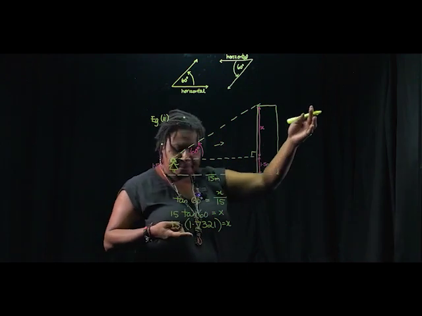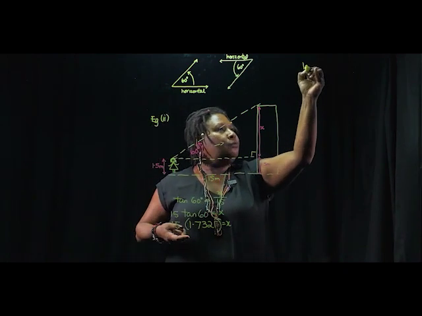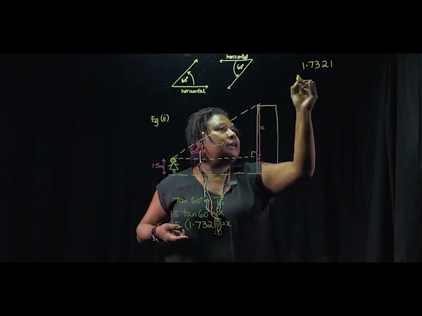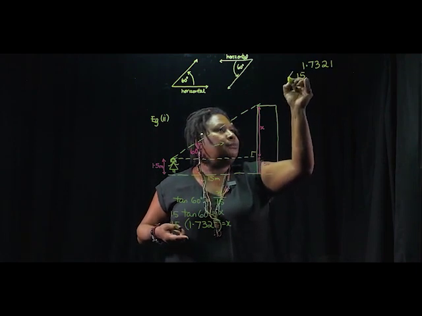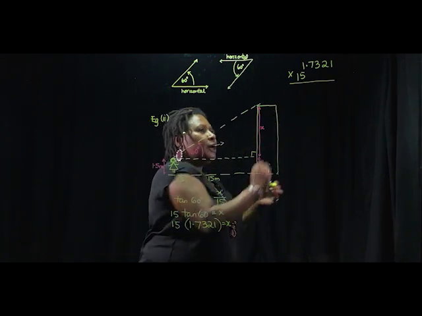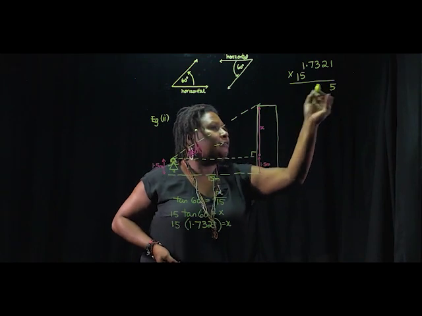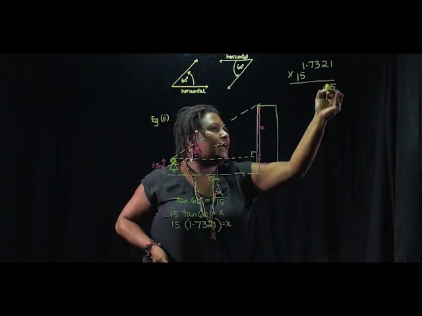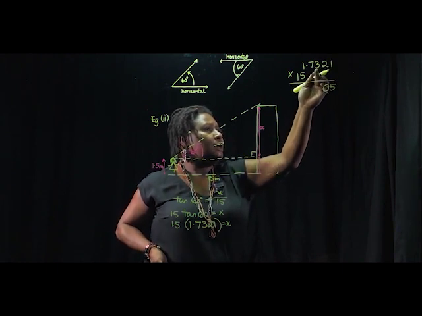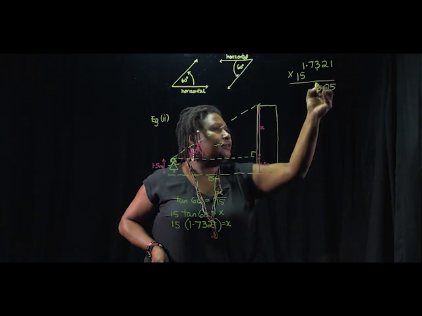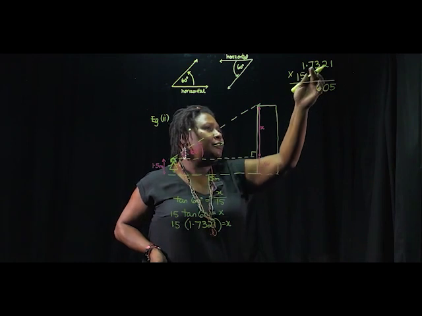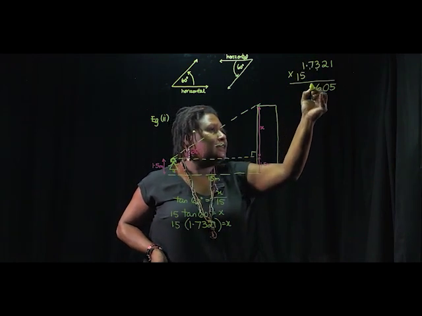Let's do this here: 1.7321 times 15. 5 times 1 will give us 5. 5 times 2 is 10, carry 1. 5 times 3 is 15, plus 1 is 16, carry 1. 5 times 7 is 35, plus 1 is 36.